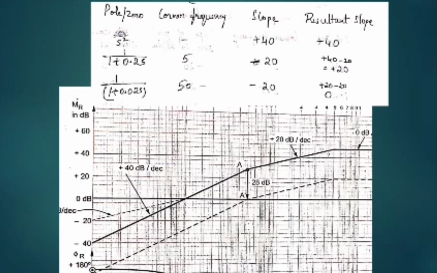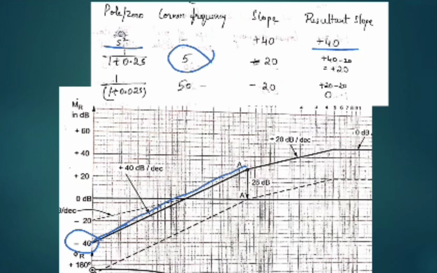Now drawing the magnitude plot without the value of k, that is neglecting the value of k as we do not know the value of k. So first is the s square with plus 40 decibel slope. So now we will consider that the starting point will be minus 40 decibel, that is the magnitude at the origin, neglecting the value of k, and then draw plus 40 decibel per decade until we reach the corner frequency 5.